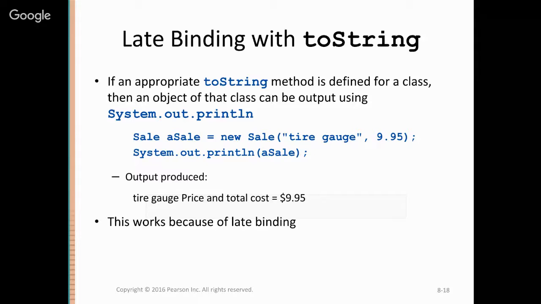This is another example of late binding. So you have System.out.println, and when you pass in the object, it's actually polymorphically printing this object instead of the Object class at the top of the hierarchy. And this is again because of late binding.